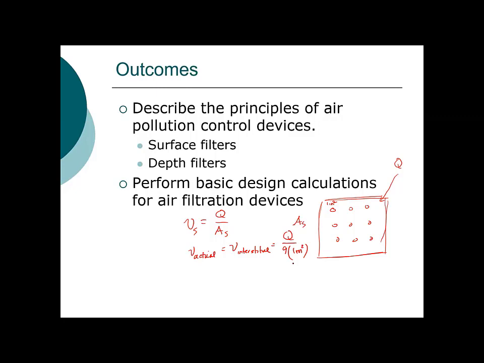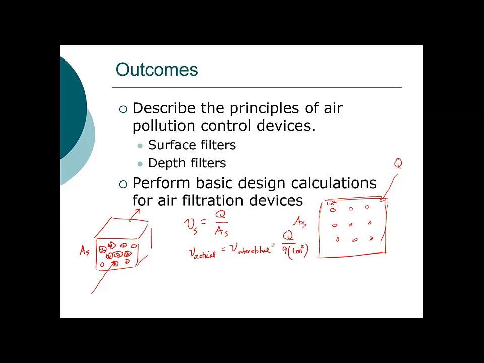The same is true in groundwater. If this is our groundwater, here are our soil particles, and I have flow in some portion here, I can use the area across which water is flowing to calculate a Darcy velocity, which is Q over A. However, the actual velocity is much greater because the water can't flow through particles of geological material, the soil, the particles of sand, gravel, whatever it is.